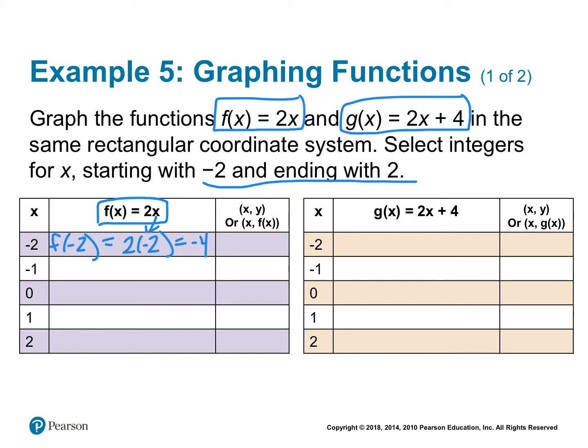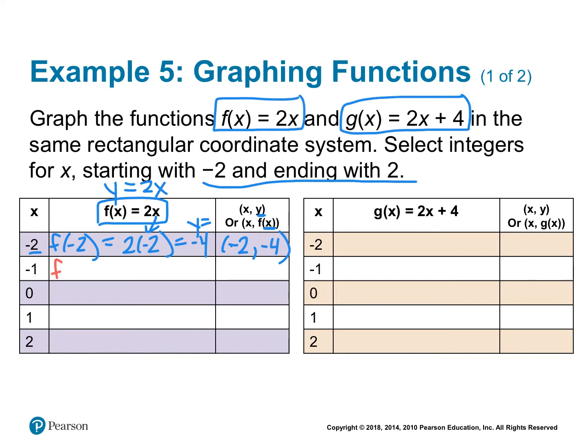Now when you think of this, f of x is another way of saying y equals 2x. We're just specifically saying that it's a function. So this is the y value that I just found. In our ordered pair, the x was -2, and the f of x, which is also the y, was -4. So that is our first ordered pair.